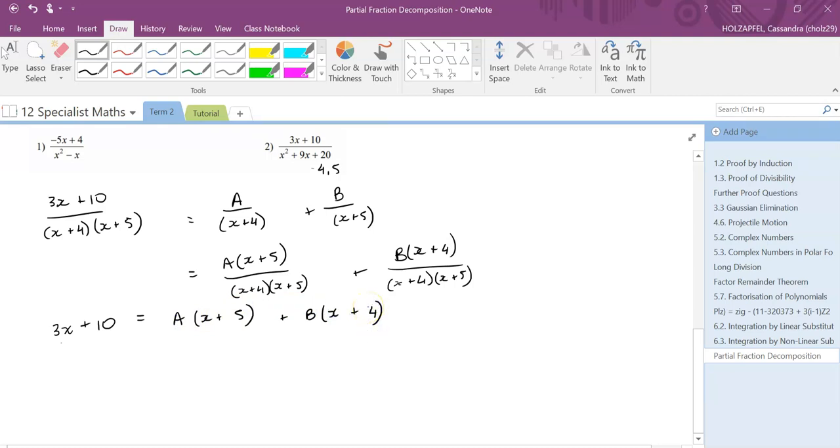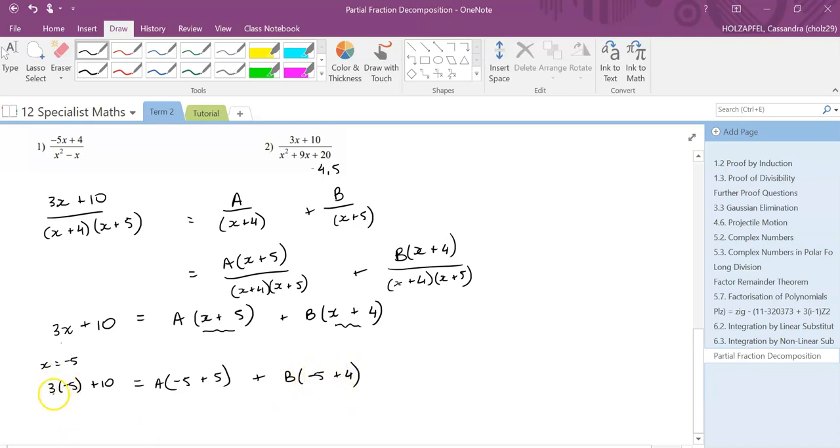All right, step 3, we're going to substitute in values of x that are going to make these factors equal to 0 so that we can only deal with one term at a time. So for the first one, we're going to substitute in x is equal to -5. So we have 3 lots of -5 plus 10 will be equal to a times (-5 plus 5) plus b times (-5 plus 4).